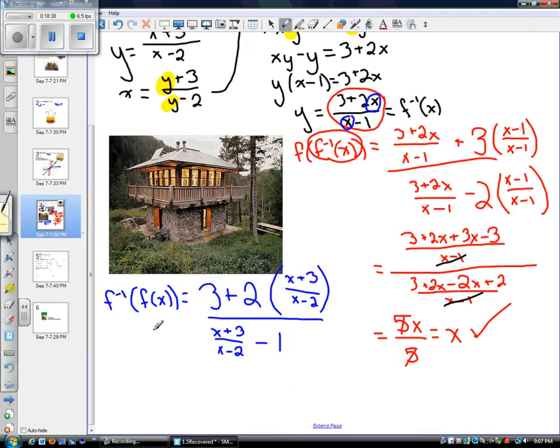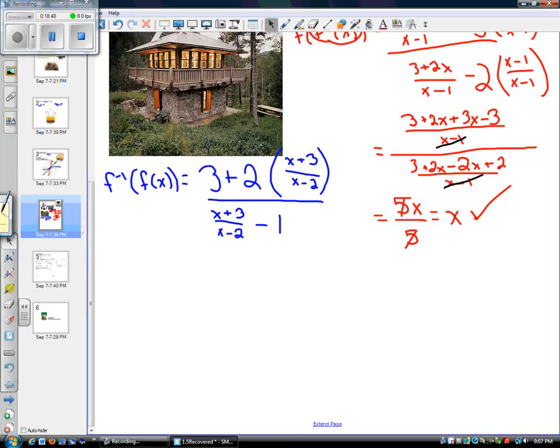And again, I want to make a common denominator, so I'm going to multiply the 1 by x minus 2 over x minus 2 and the 3 by x minus 2 over x minus 2. Since I can see that without writing it, I am not going to write it. So I multiply by x minus 2, and I have 3x minus 6.